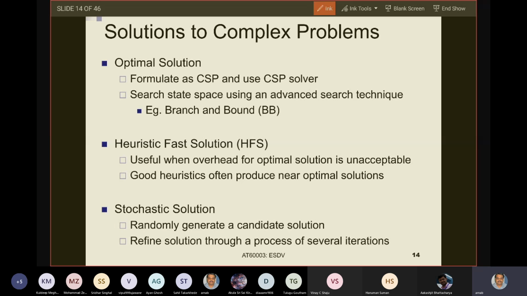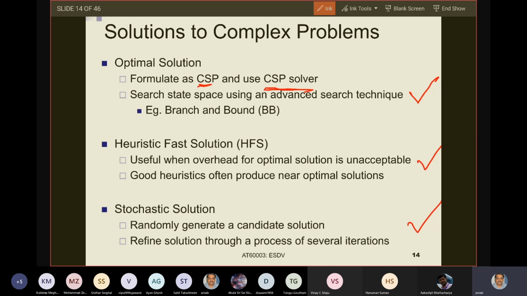Now, given such complex problems, there are 3 typical ways in which people try to solve them. First, optimal solution. Many ways are there. Two typical ways are: formulate the problem as a constraint satisfaction problem and use a constraint satisfaction problem solver.